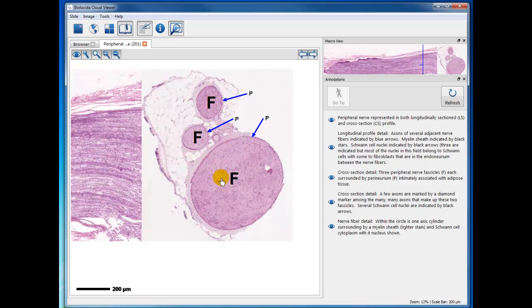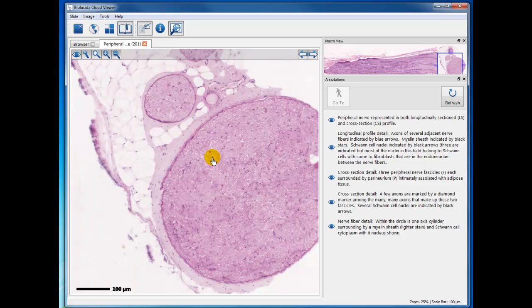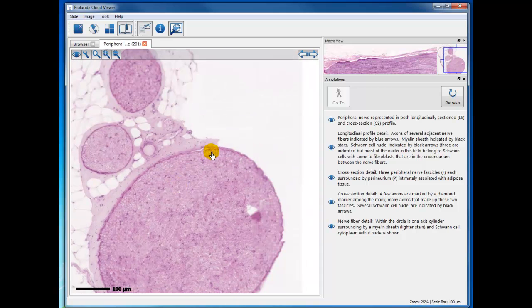Now, a fascicle is composed of a collection of nerve fibers that are bound together with a connective tissue wrapping. And the connective tissue wrapping here is the perineurium, not the perimysium.